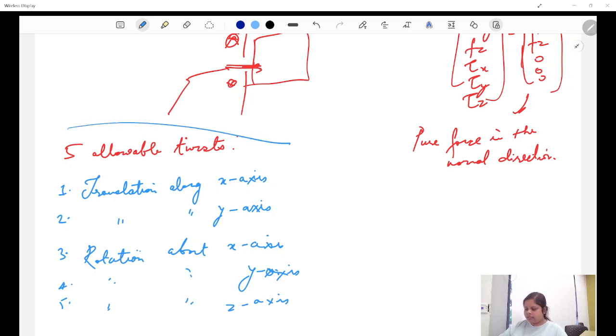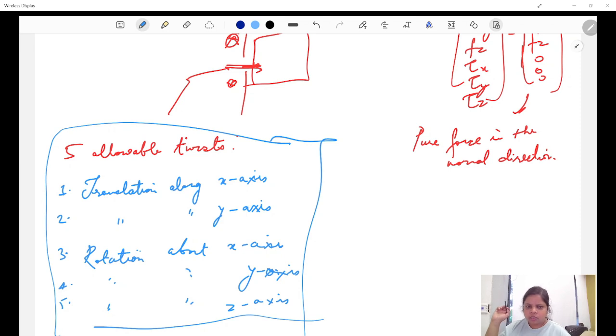So these are the allowable twists. Okay, so these correspond to 5 twist vectors.